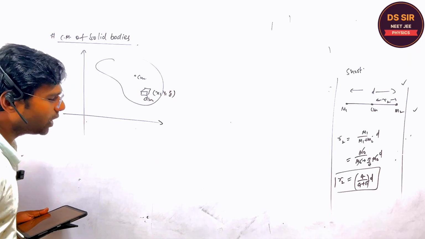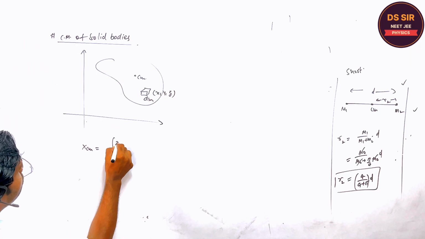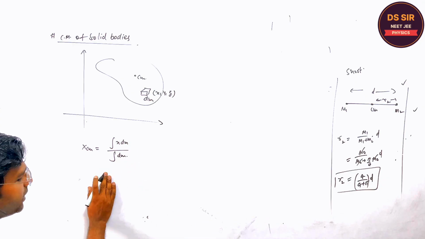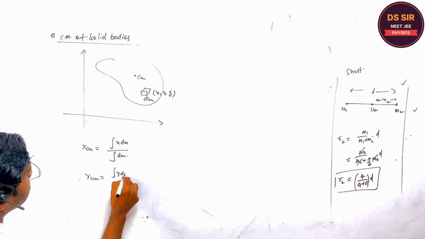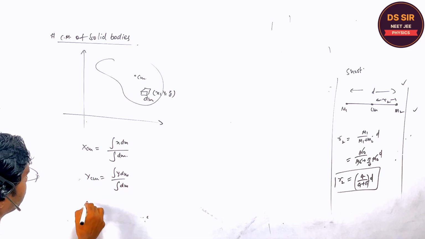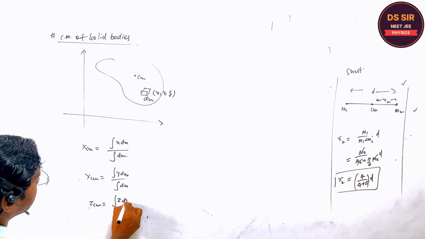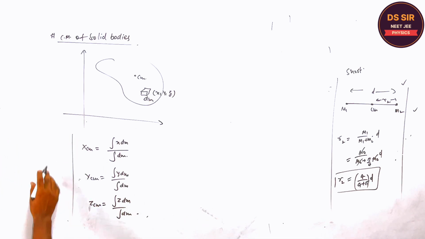The formulas are: x_cm is equal to integration of x dm divided by integration of dm, y_cm is equal to integration of y dm divided by integration of dm, and z_cm is equal to integration of z dm divided by integration of dm. How does it come? I am giving you some idea.